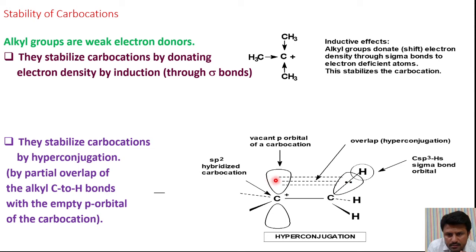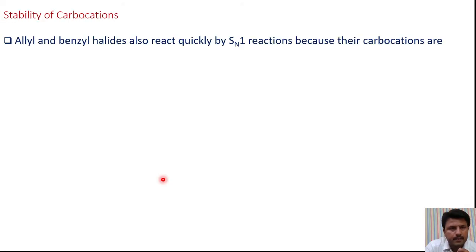As well as that, according to hyperconjugation, this sp2 carbon has one pure p orbital, and this pure p orbital starts overlapping with the C-H sigma electrons. Since it overlaps with the C-H sigma electrons, the deficiency present at the sp2 carbon decreases, so this carbocation is also stabilized due to hyperconjugation.